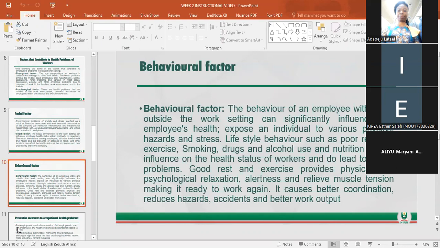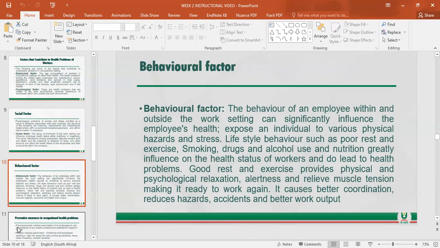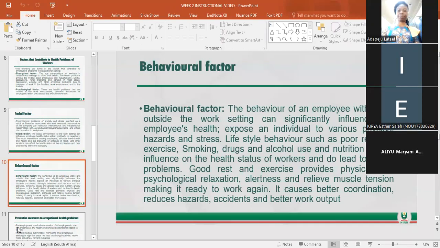Smoking is another behavioral factor. Use of drugs and alcohol, poor diet, poor nutrition, lack of exercise, all these are predisposing factors under behavioral factors to occupational health problems.